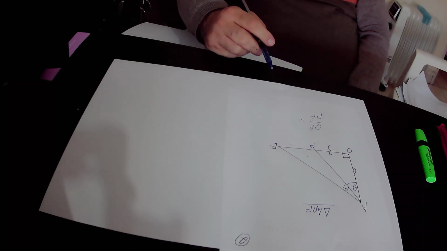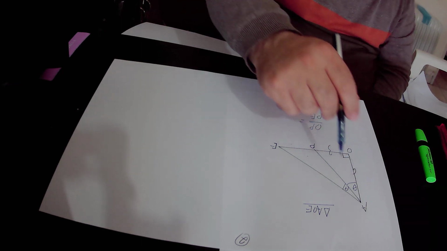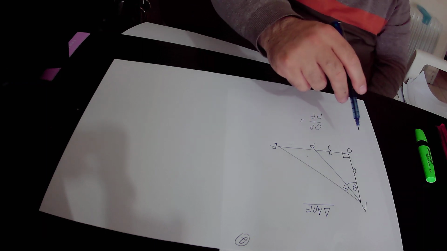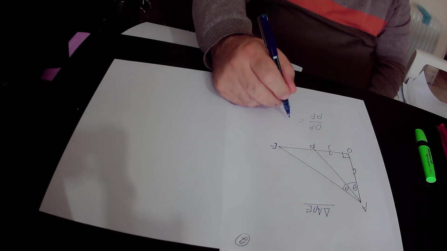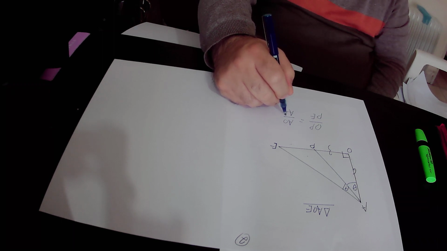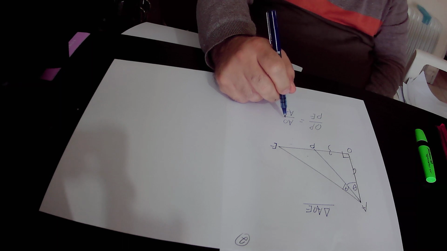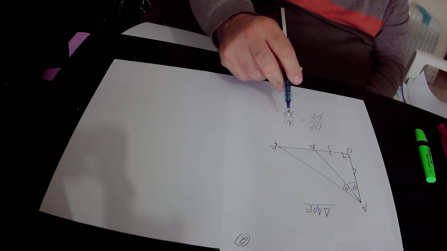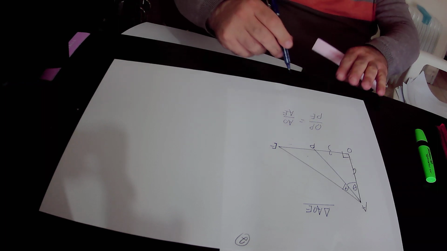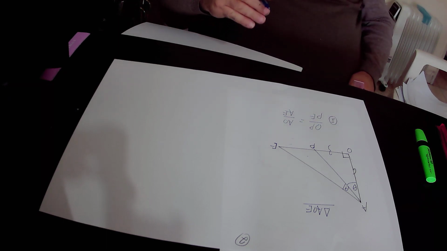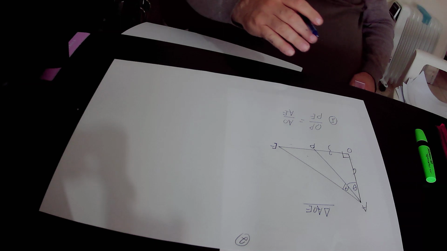We are relating to the angle that has been bisected into two halves, angle OAE. Angle OAE has two legs, AO and AE, and the ratio between those two legs is AO over AE. That ratio equals the ratio that angle bisector AP divides side OE, that is OP over PE. So question number 1 is the implementation of the angle bisector theorem in the right triangle AOE.